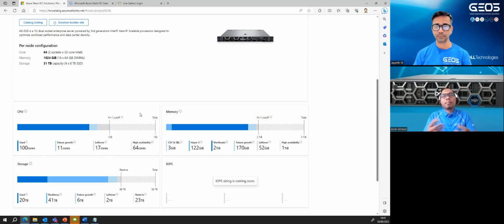In terms of overall capacity, you spare the capacity of 1 node, about 64 cores. So you can only use 2/3 of the capacity, 128 cores.